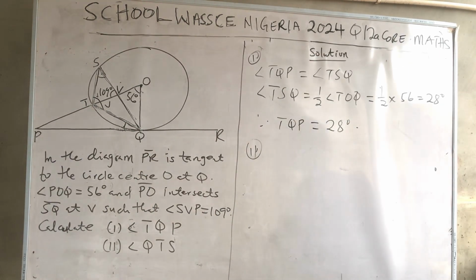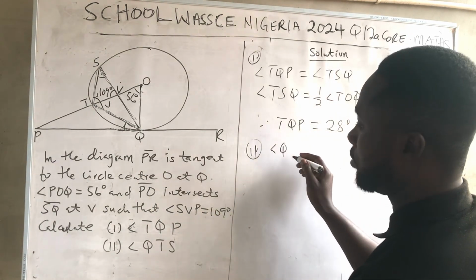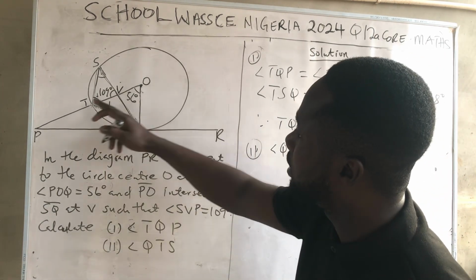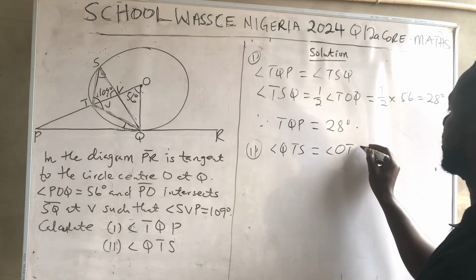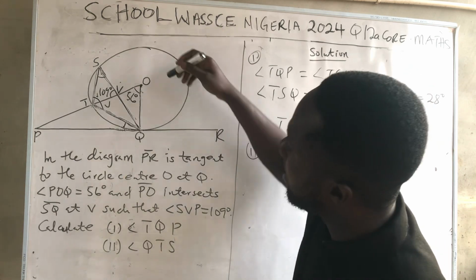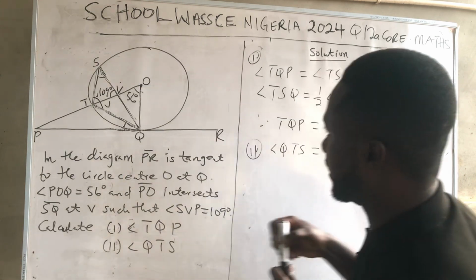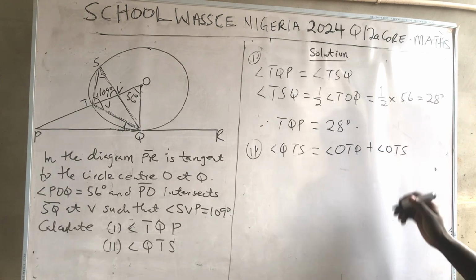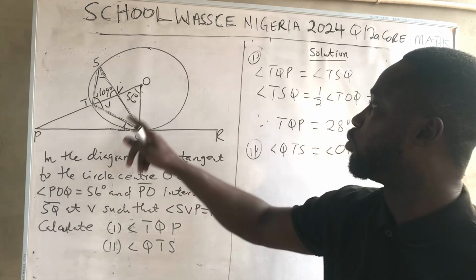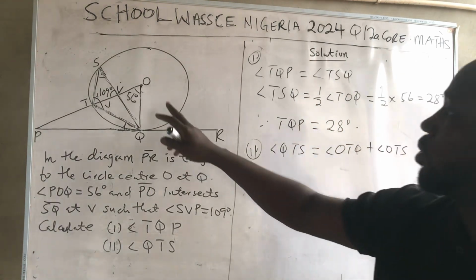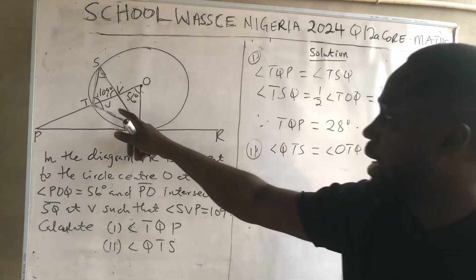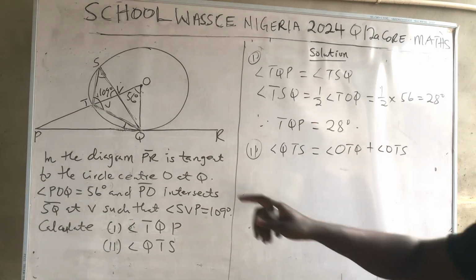So angle QTS is the addition of angle OTQ plus angle OTS. So this angle and this angle. It means that we have to know this angle and know this angle. So how do we know the angle here?